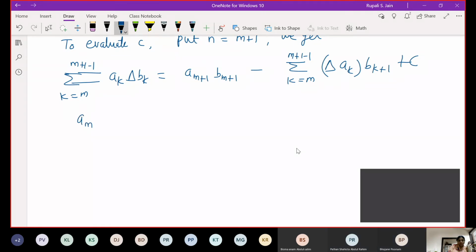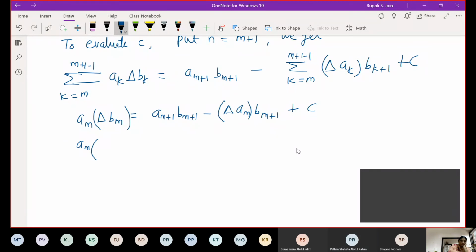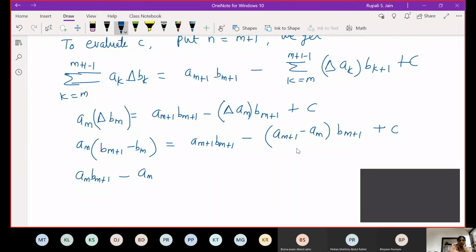So the left side is am delta bm, which equals am plus 1 bm plus 1 minus, and here also one term will survive, delta am bm plus 1, plus c. If I simplify, delta bm is bm plus 1 minus bm, so am times that is am bm plus 1 minus am bm.